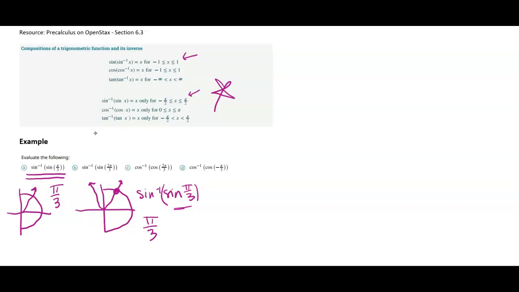All right, let's look at inverse cosine of cosine of 2 pi over 3. 2 pi over 3 is over here. Cosine, we go from 0 to pi, so we're good.